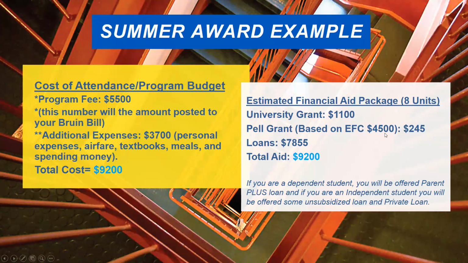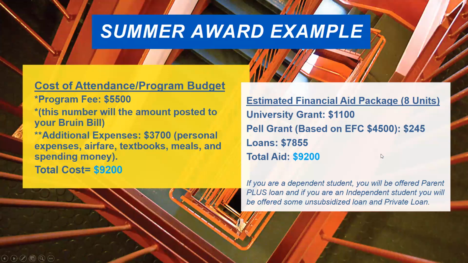EFC is $4,500, plus the student is half-time, so his full eligibility would have been close to $500. He's getting half of that in the summer. Now, this is a couple of years ago. The Pell Grant is a little bit higher, but it's still, to let you know, because the EFC is $4,500, the amount of Pell Grant is lower.